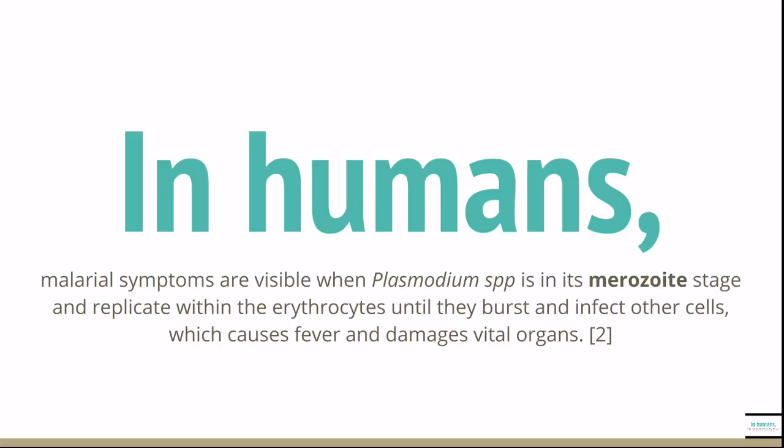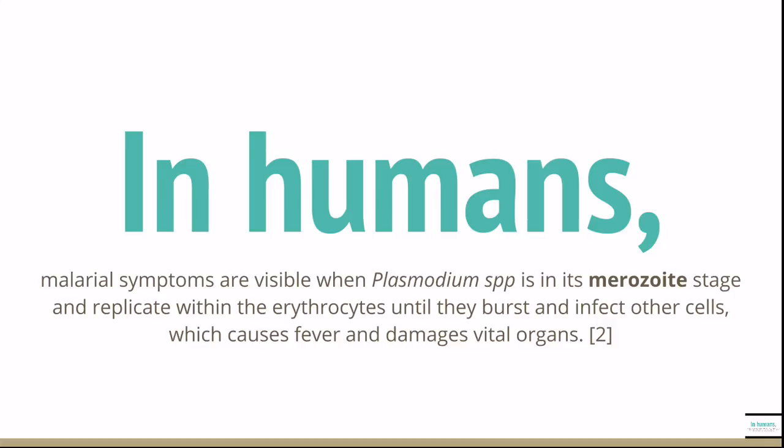So after an infective bite by a mosquito which carried the Plasmodium parasite, a certain time period goes by until the first symptoms start to appear. This time period is called the incubation period, and it lasts between 7 to 30 days. During this time, the Plasmodium parasite goes through a life cycle until it reaches an active state called the merozoite state.